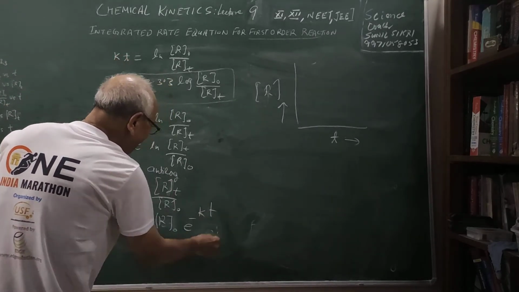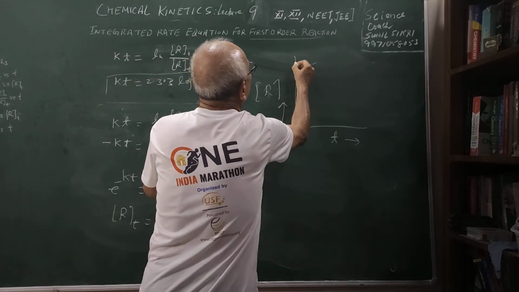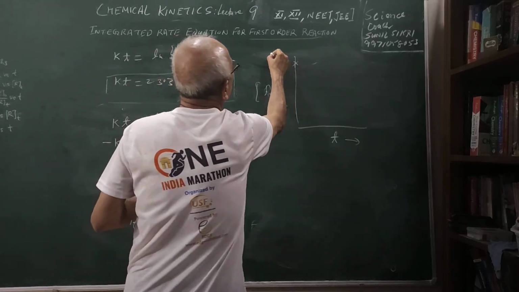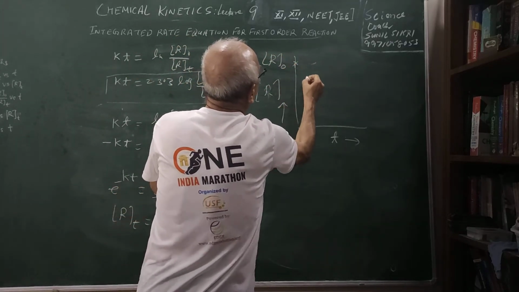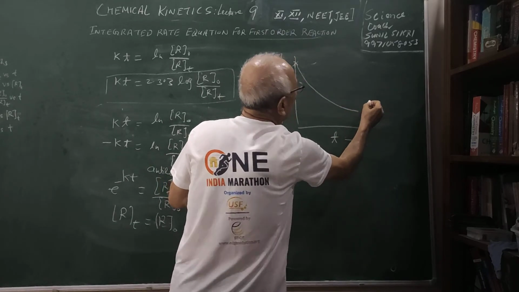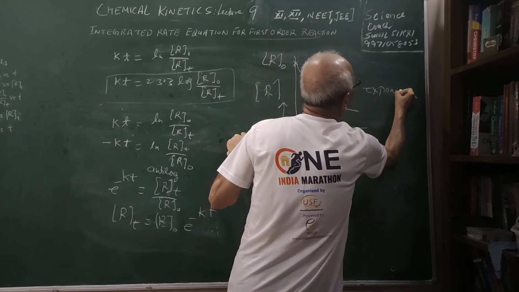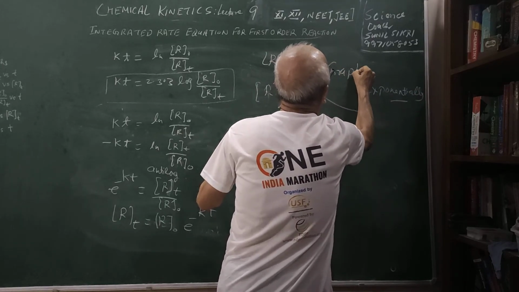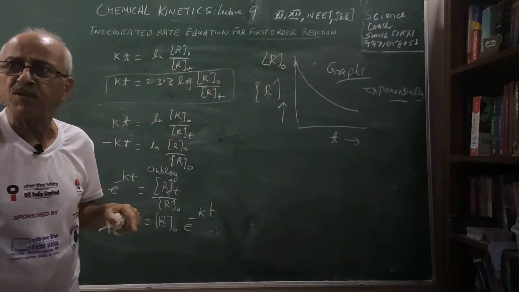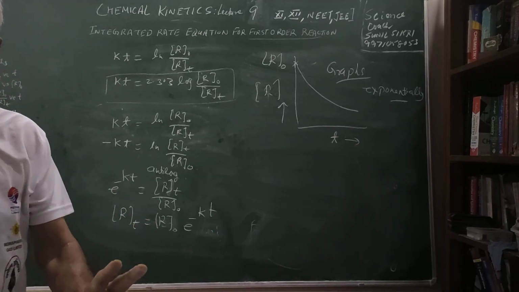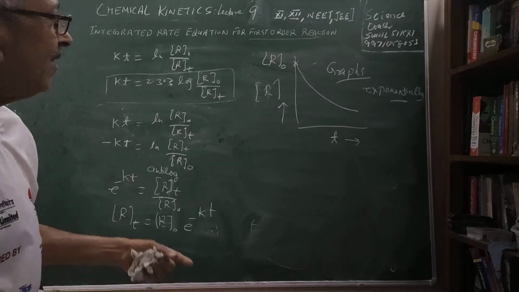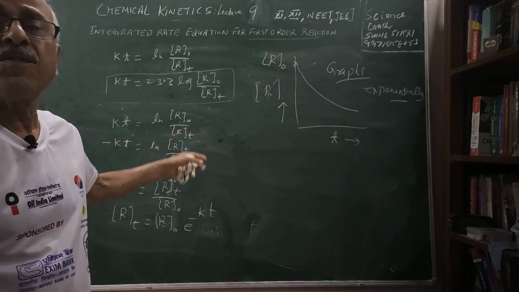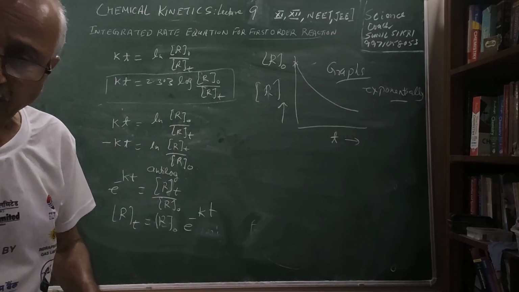When t is 0, it is at this point, equal to R0, and it decreases exponentially. Important graphs from the examination point of view. So students, I am stopping at this point. In my next lecture, I will tell you how, if there are gaseous products, the reaction will look.